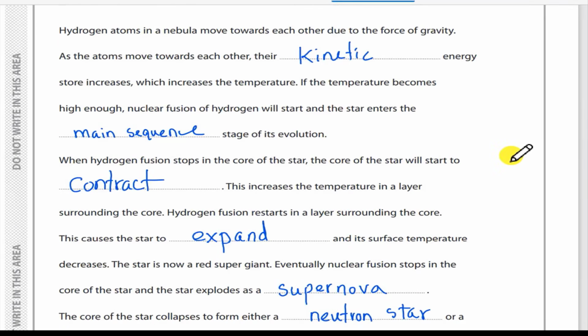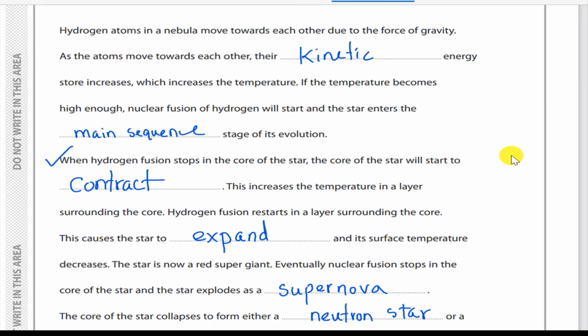So, hydrogen atoms in a nebula move towards each other due to the force of gravity. As the atoms move towards each other, their kinetic energy store increases, which increases the temperature. If the temperature becomes high enough, nuclear fusion of hydrogen will start, and the star enters the main sequence stage of its evolution. When hydrogen fusion stops in the core of the star, the core will start to contract.